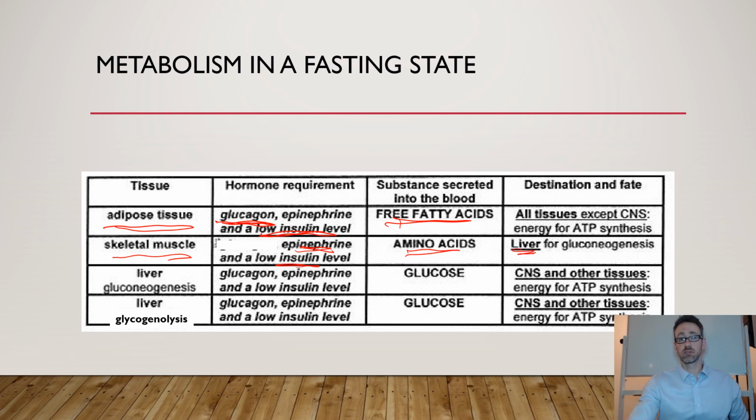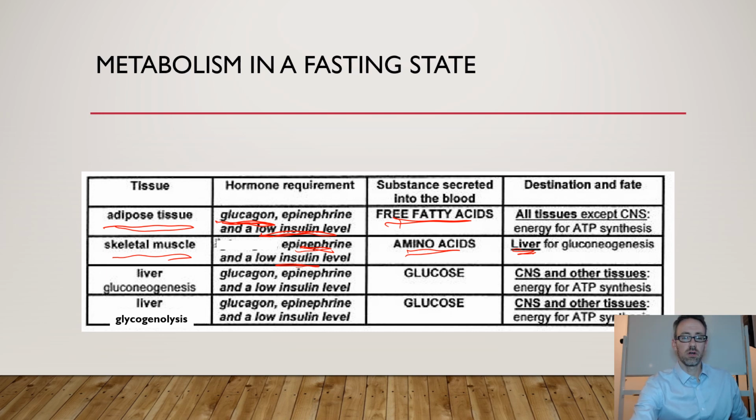The liver takes those amino acids and uses them for gluconeogenesis, which basically means you're making glucose out of the amino acids. Amino acids aren't the only substrate for gluconeogenesis, but they're one of the primary ones in fasting, at least in the first 2 to 4 hours.